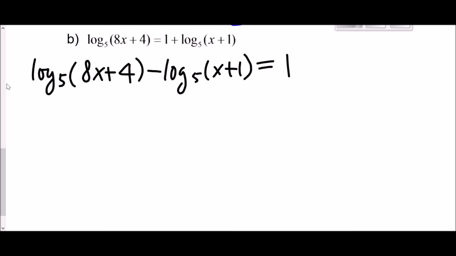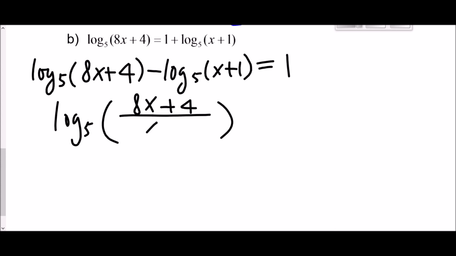Now if you look at this, log base 5, log base 5, so that means we can apply the division law. So log base 5 of this divided by this: 8x plus 4 over x plus 1, and the right-hand side is still 1.